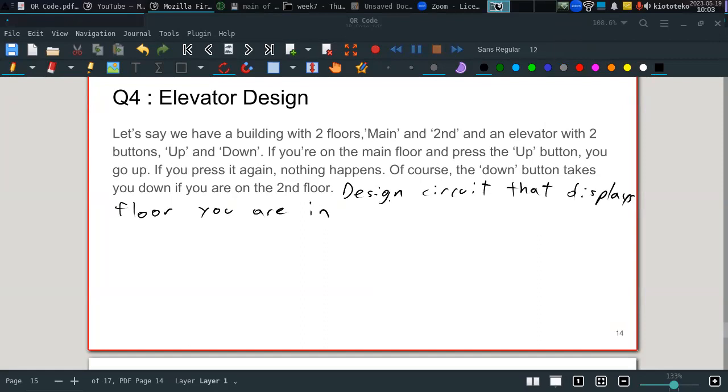So let's see now. What are our inputs? Well, we have 2 buttons: up, down. All right. What are our outputs?